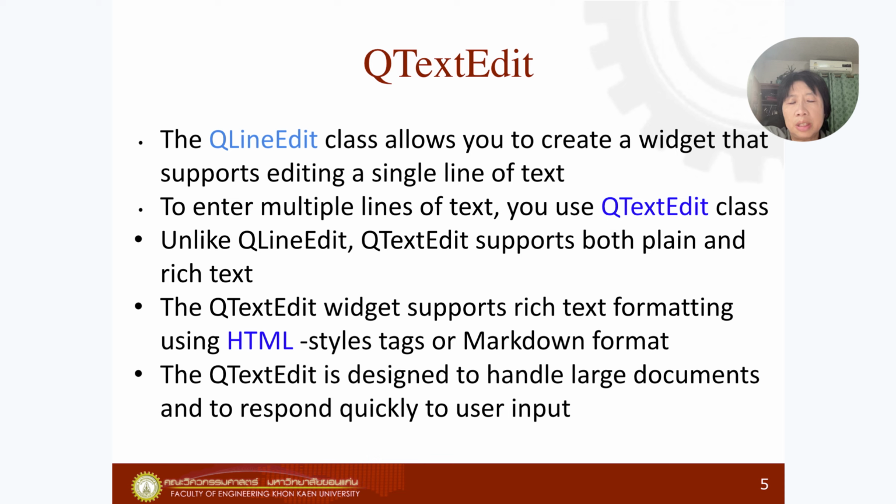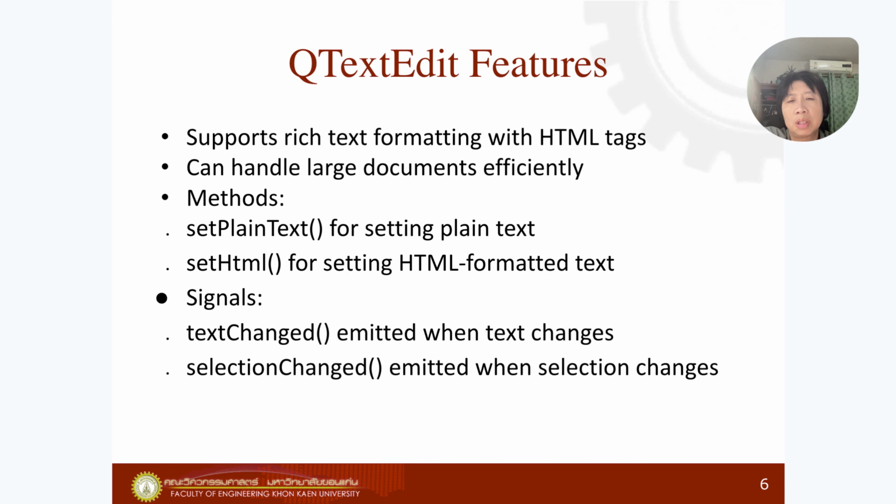And QTextEdit supports both plain and rich text. So rich text means that we can use HTML text like bold or specify the styles of text or the markdown text. So QTextEdit is designed to handle large documents and to respond quickly to user input.